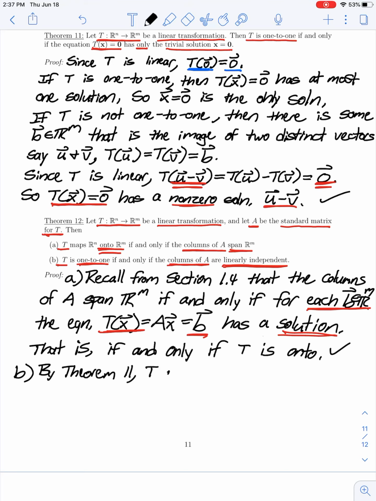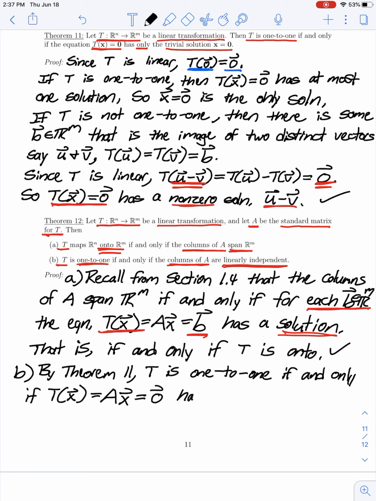we know that T is 1-to-1 if and only if the equation T of x, which would be given by A times x equals 0, has only the trivial solution.